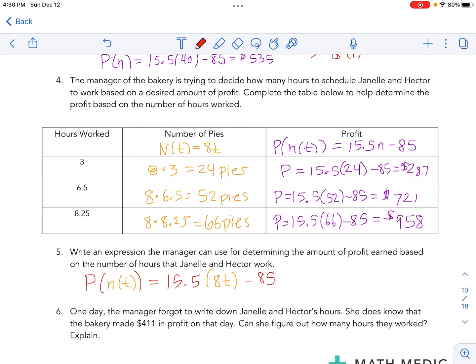And that profit function is now a function of time. And we could simplify that. We could just say P of t is 15.5 times 8, which is 124. So this is 124t minus 85. And now we have a profit function that is just time-based.